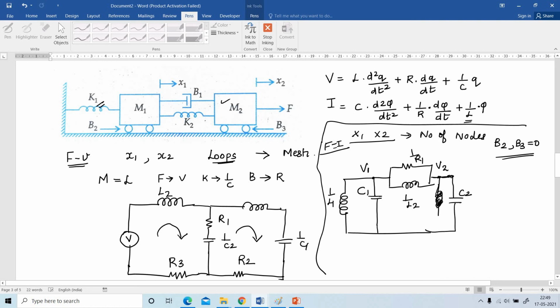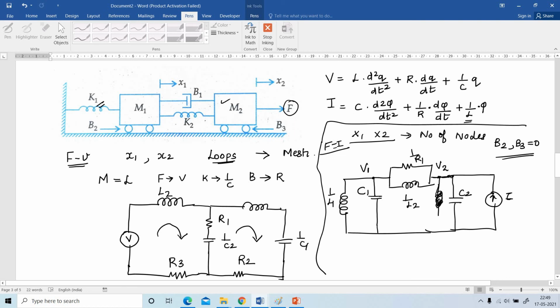C2 represents the mass, and another element that is connected is force. Force is equal to current, that is I. This is the force current analogy.